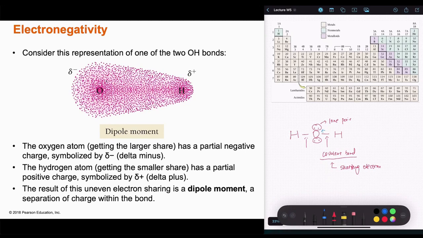Whenever you see more dots, or an area with a higher density of dots, it means that area has a higher possibility of finding the electron. From this picture, you can see we definitely have a higher possibility of finding the electron around the oxygen compared to around the hydrogen.